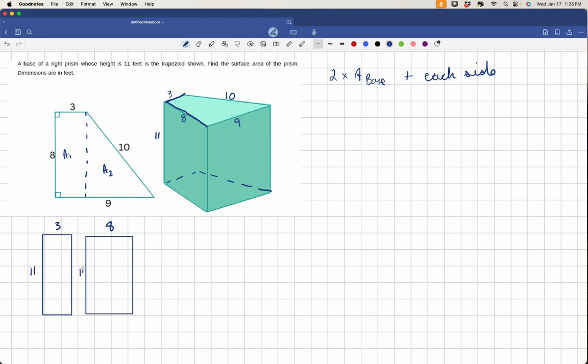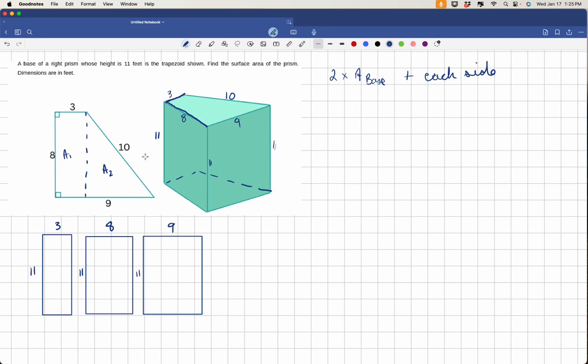Then you have the front side, which is a little bit bigger because it is going to be 9 by 11 tall. This is still 11, all the way around it's 11.